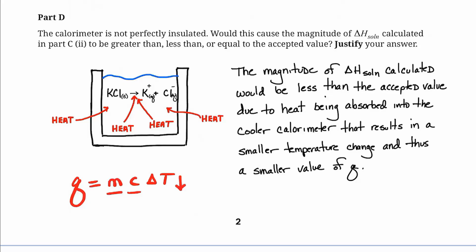So the temperature change is smaller, so your Q, the thermal energy, is going to be smaller. And of course, how did you solve for delta H? You took the Q and divided it by the moles, right? So a smaller Q is going to lead to, of course, a smaller value of the enthalpy of the reaction. All right, so there it is. So on to part E.